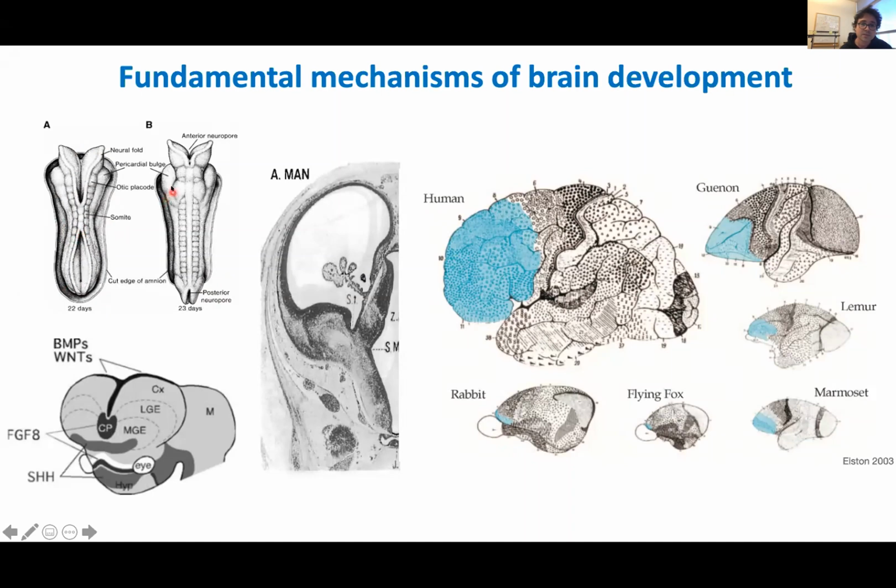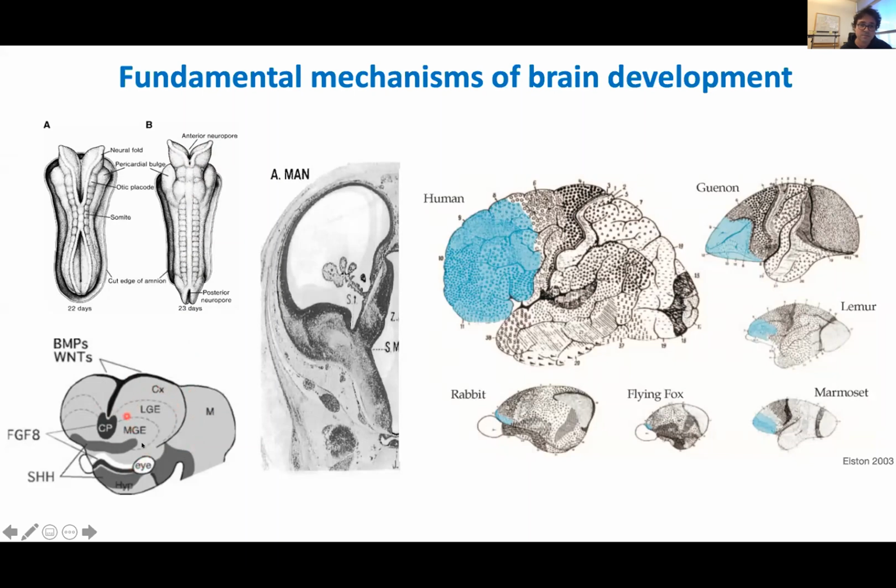The initial formation of the neural tube then undergoes evagination and the neuropore closes progressively from this middle part, both in the posterior and anterior neuropore. And after the closure of the neuropore around the 3rd week of gestation, the anterior portion of the neural tube undergoes a substantial swelling.